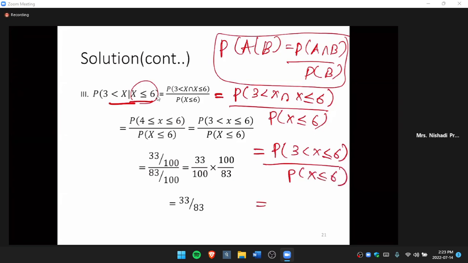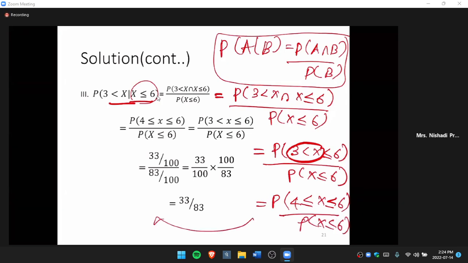And you may notice that here we have 3 < x, which means x is greater than 3. So x cannot be 3. It should start from 4. So we write P(4 ≤ x ≤ 6) divided by P(x ≤ 6). You know this probability already.